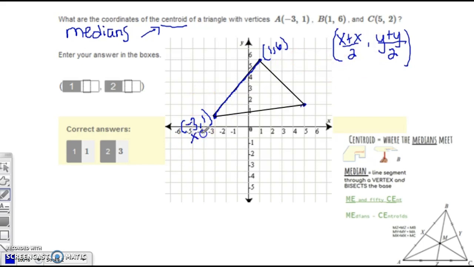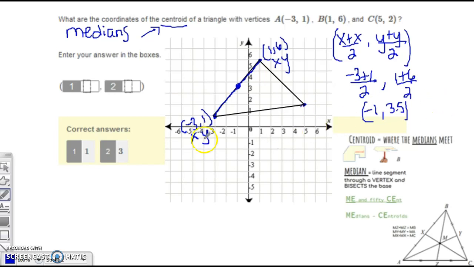So I'm going to go over here and label my X's and Y's, and then I'm going to throw them into my midpoint formula, -3 plus 1 divided by 2, and 1 plus 6 divided by 2. So let's see, this is -2 over 2, which is -1, and this is 7 over 2, which is 3.5. So if I plot a point at -1, 3.5, it should be the middle of that line.